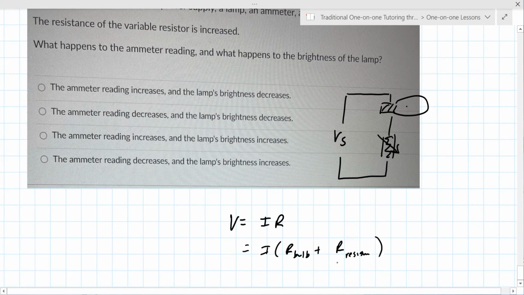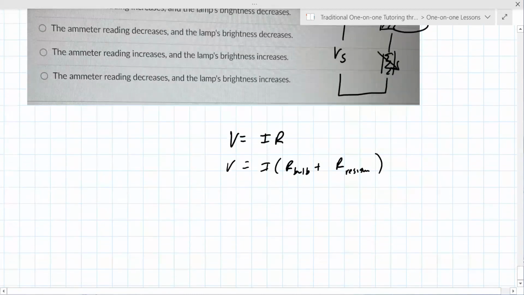So if that one goes up, that also goes up, and then the current. So think of it this way. Let's make nice numbers here. We start out, it's 120 equals I times R. Let's make R 10 in this first scenario. So then I is 12 amps.